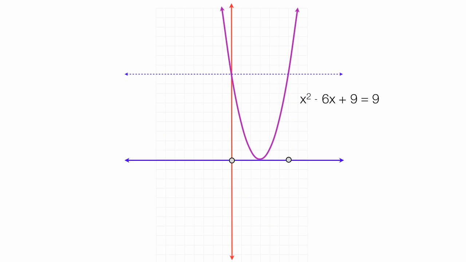And now I set the equation equal to 9. It turns out the x values, or the solution to the graph, is the same for the top graph, the one I'm drawing now, as the graph I drew before. So notice the x values are the same: 0 on both, which is a solution to both equations, and 6.